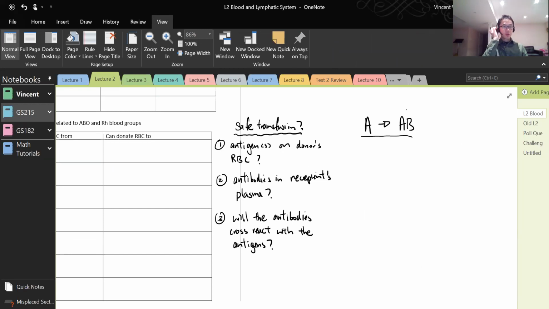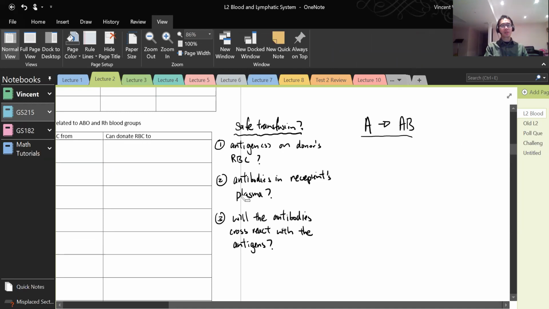If you're not sure, you can use these 3 questions to think about it. First one, antigens on a donor. If you're a type A person, then on the RBC, all your red cells, you will have type A antigen. I can draw it out. There is going to be the red cell, and you will have A antigens all over the place.